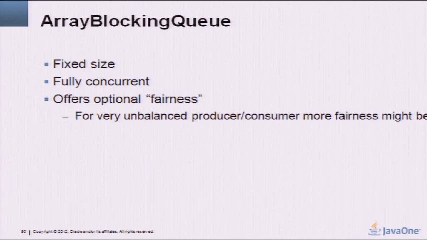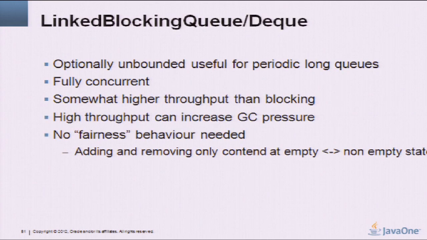It does have somewhat lower throughput because you have to keep track of what order the adders and removers arrived at the queue for their operations, but it does ensure progress in the unbalanced case. An alternative to the array one is a linked one, similar to linked list.